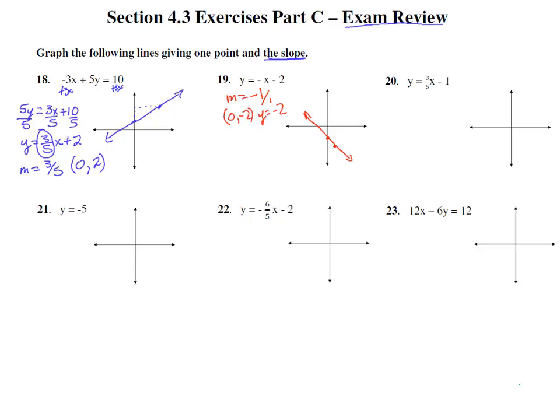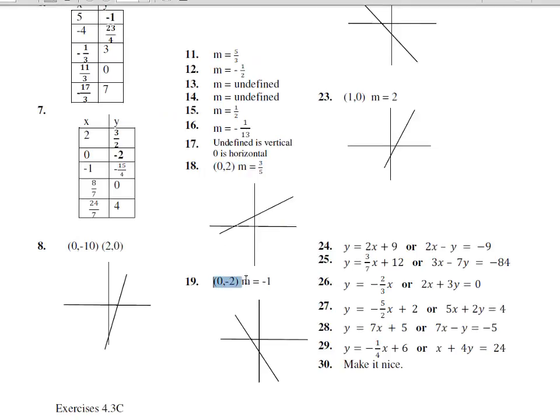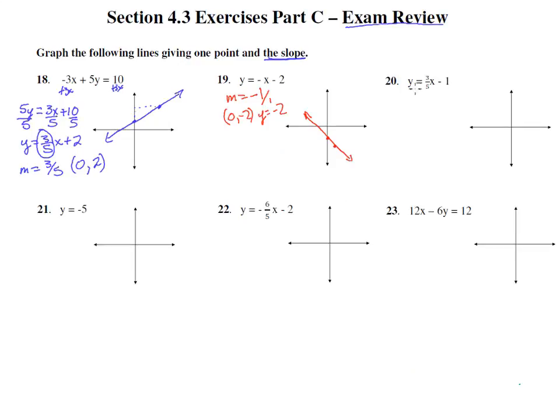All right, number 20. Well, let's check our answer on number 19. What do we get? Oh yes, 0, negative 2 and the slope of negative 1. There we have it. All right, now number 20. Y is by itself, so the slope is right there. Slope is 3/5. That was nice. Can we get a good point? 0 something? Yeah, stick in 0 for x, and this is gone.